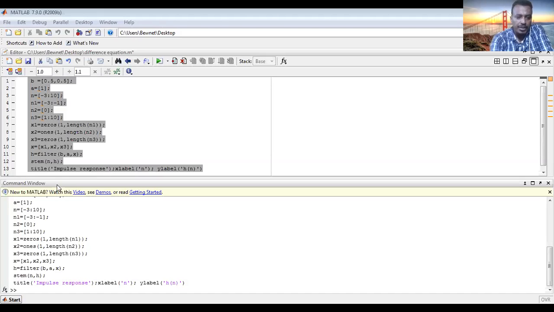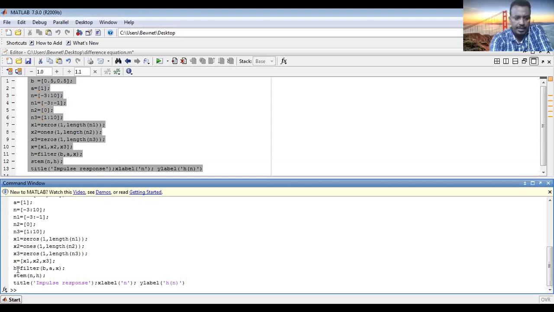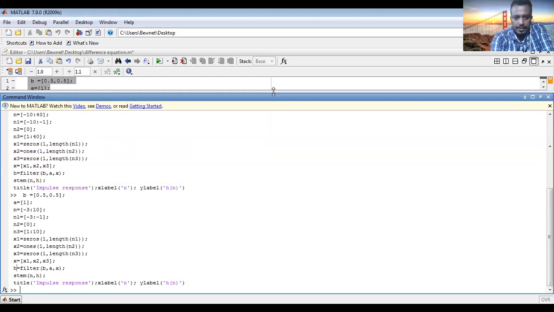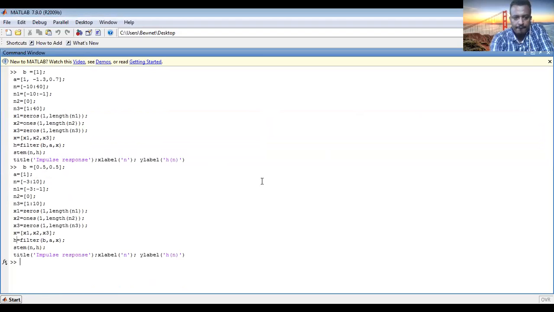Okay, so look here. Now we know h, the impulse response. So let's take an input. Let's say our input R, any variable.